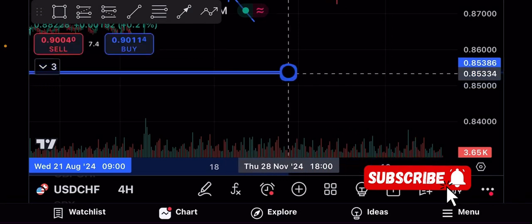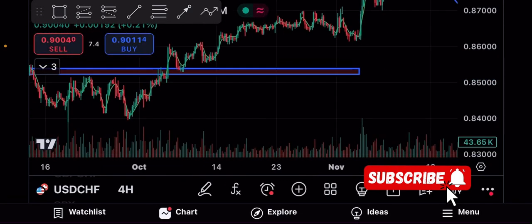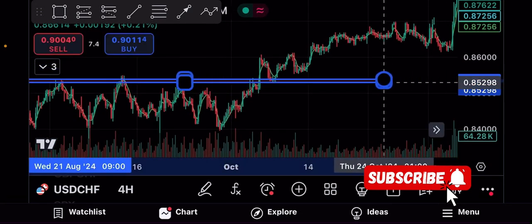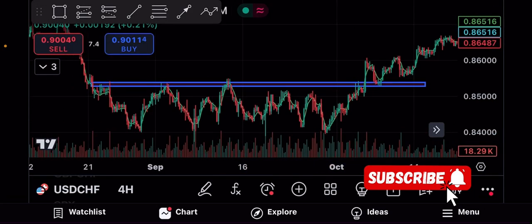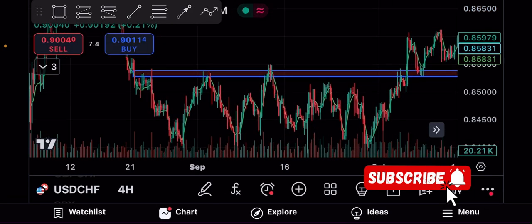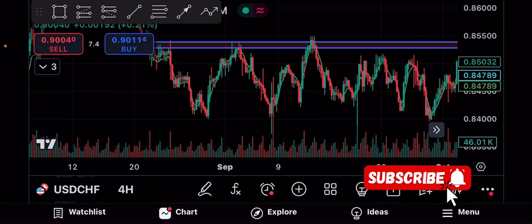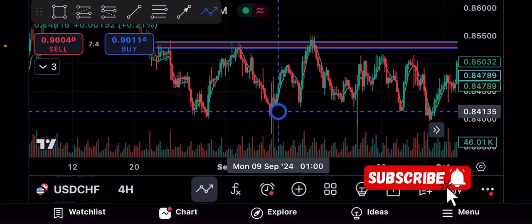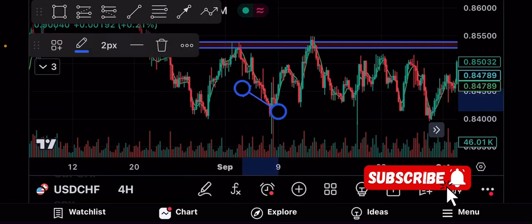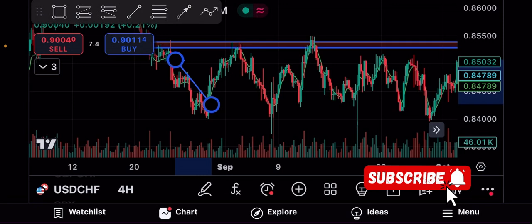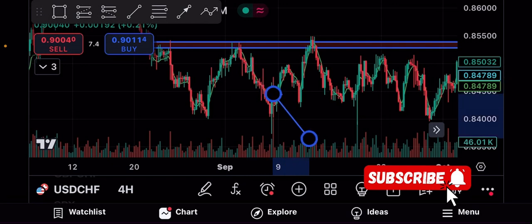This should be our resistance, because anytime price comes to this resistance level, it moves downward. Anytime it comes back, it moves downwards.